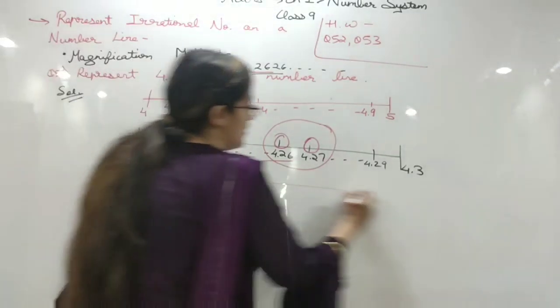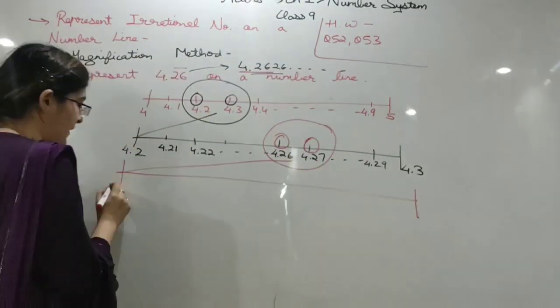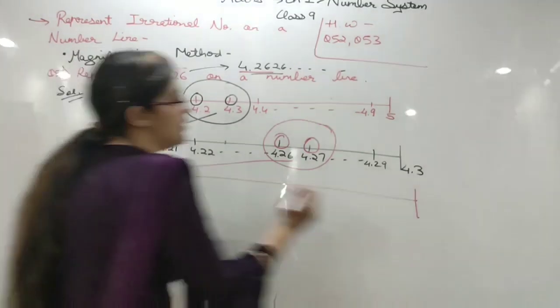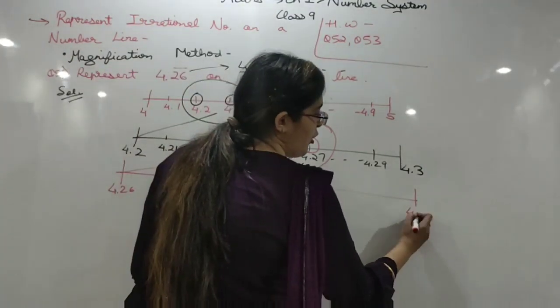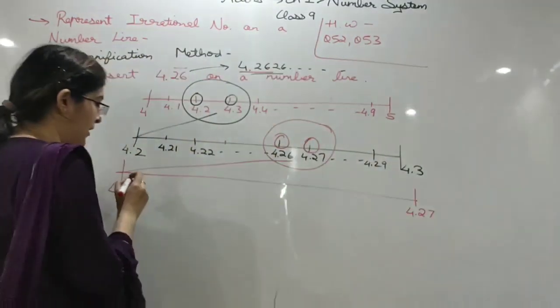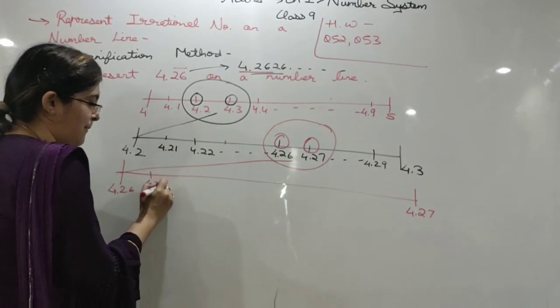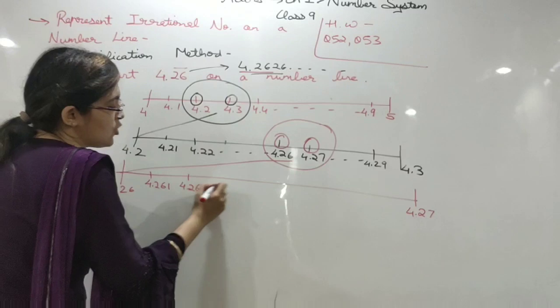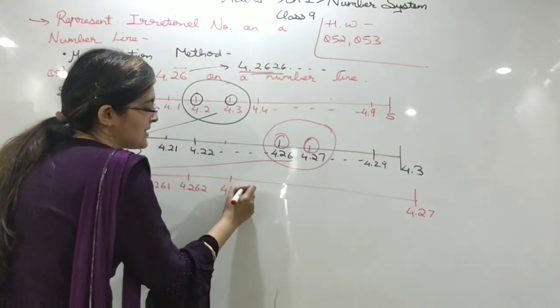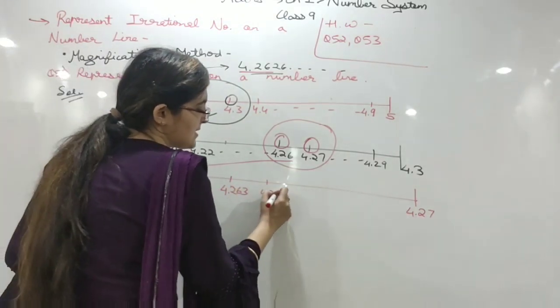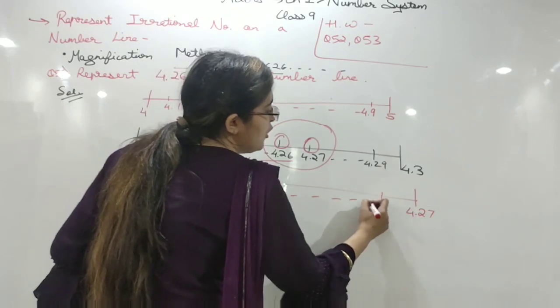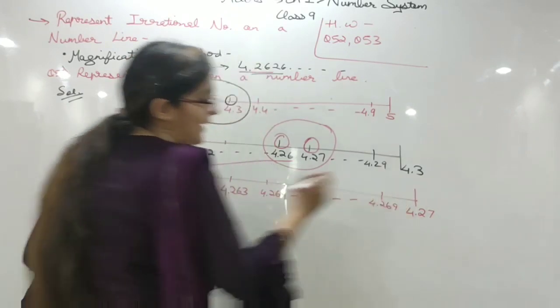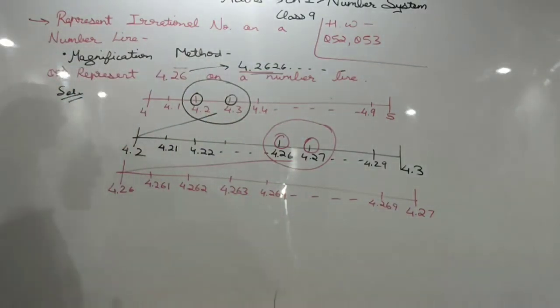What will be our lower limit? 4.26. What will be our upper limit? 4.27. Now write the numbers in between them: 4.261, 4.262, 4.263, 4.264 and so on up to 4.269. Is it clear, students?